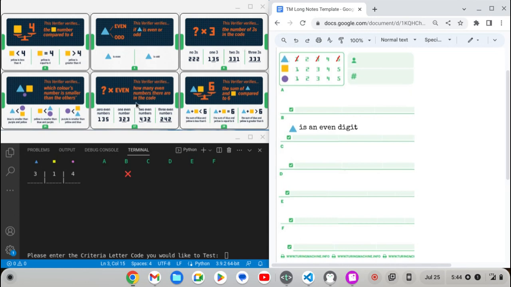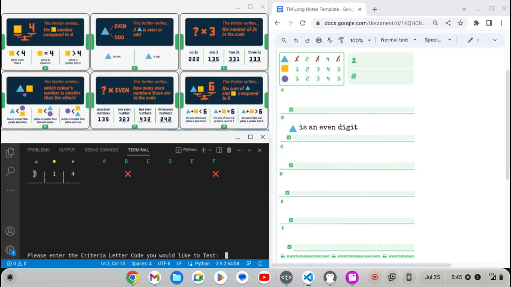But I think in this case, let me go ahead and test criteria card F and see something about the sum of the first 2 digits. Okay, so in this case, the Turing Machine does not approve of what I have.